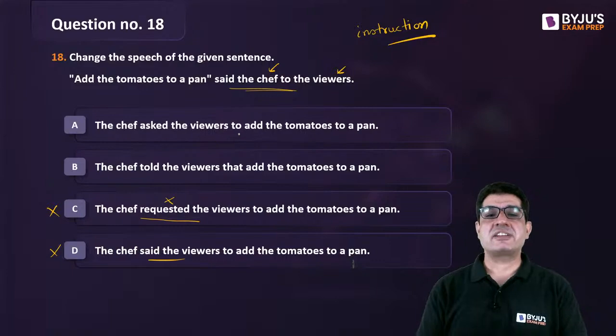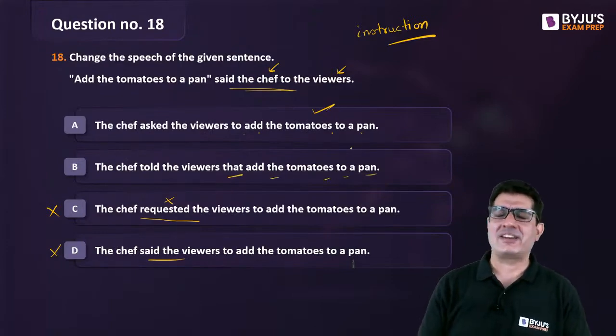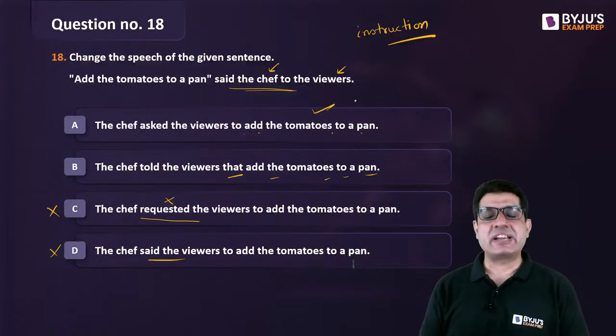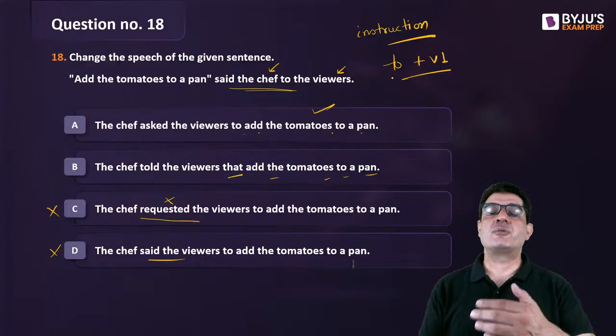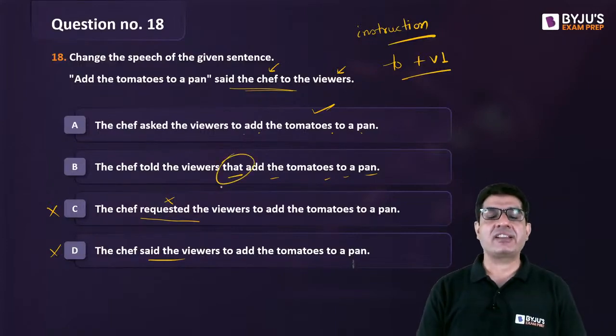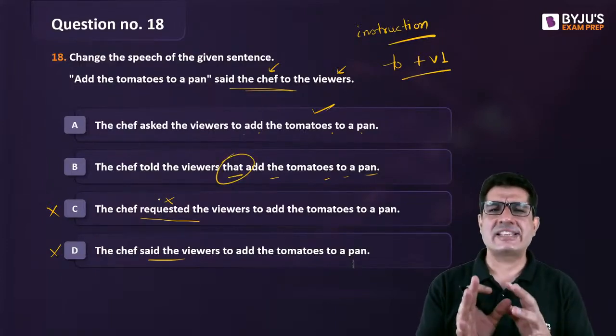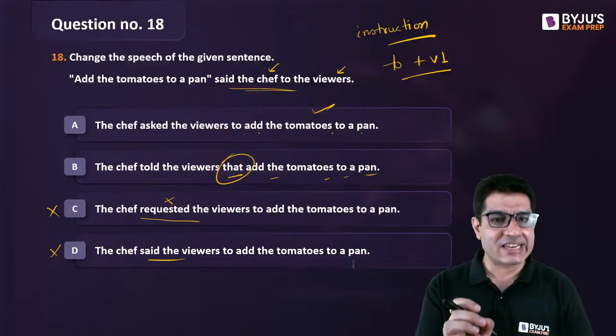A says the chef asked the viewers to add the tomatoes to a pan. That's correct. In B, the chef told the viewers that add the tomatoes to a pan. No, when it comes to imperative sentences, we basically use to plus verb's first form. We do not use a conjunction. That is used as a conjunction when your sentence happens to be an affirmative or a negative sentence.